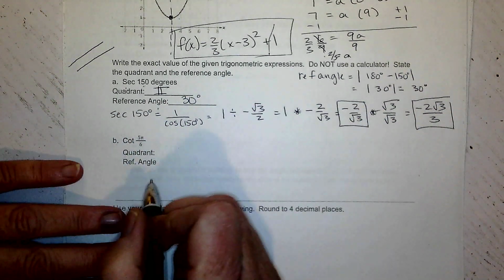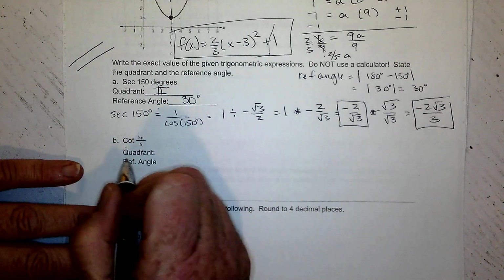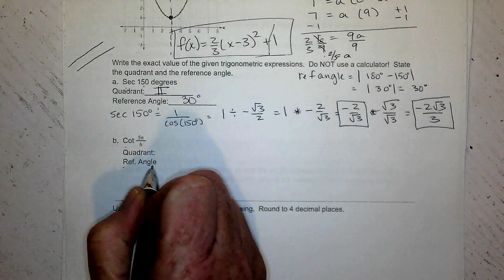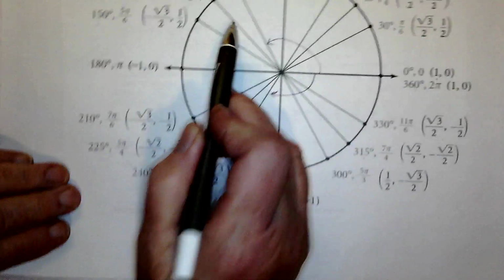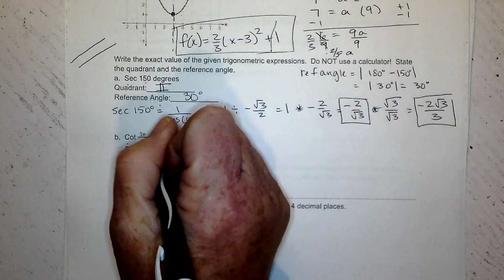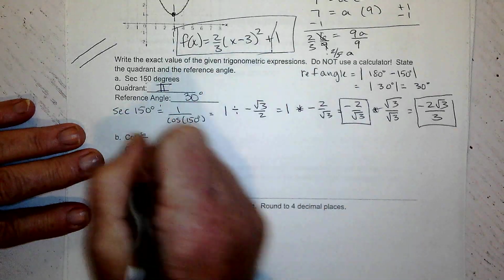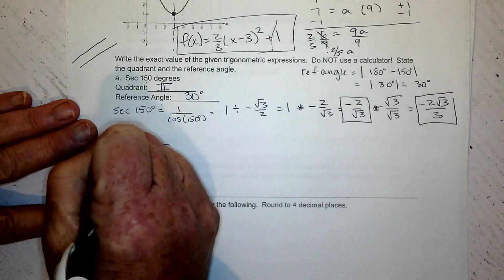Okay. Cotangent of 5 pi over 6. What's the quadrant? What is the reference angle? The quadrant for 5 pi over 6 is quadrant 2. The reference angle in quadrant 2 is, I'll come down here, absolute value of 180 degrees.